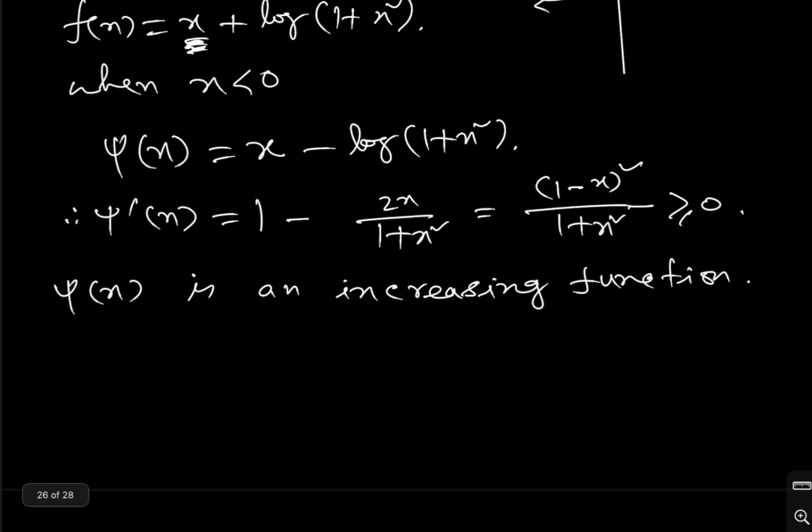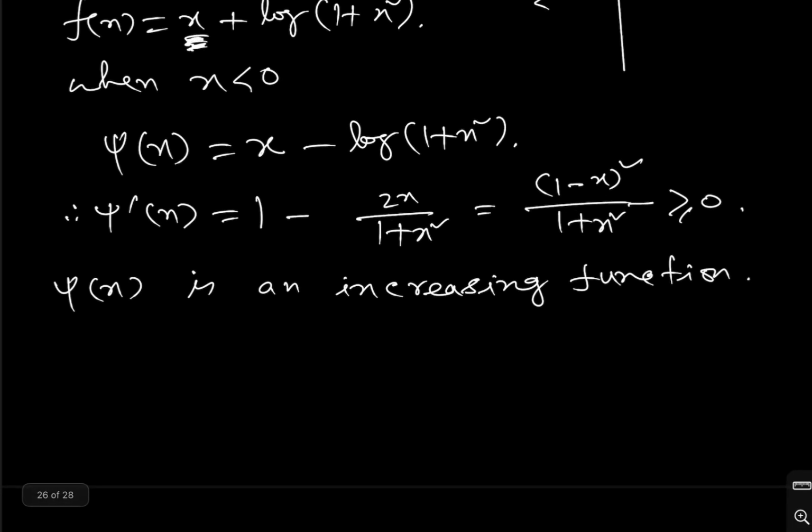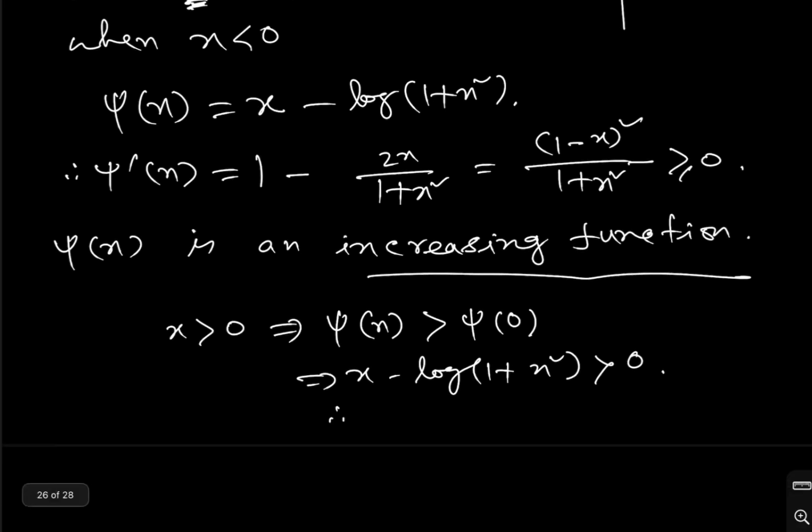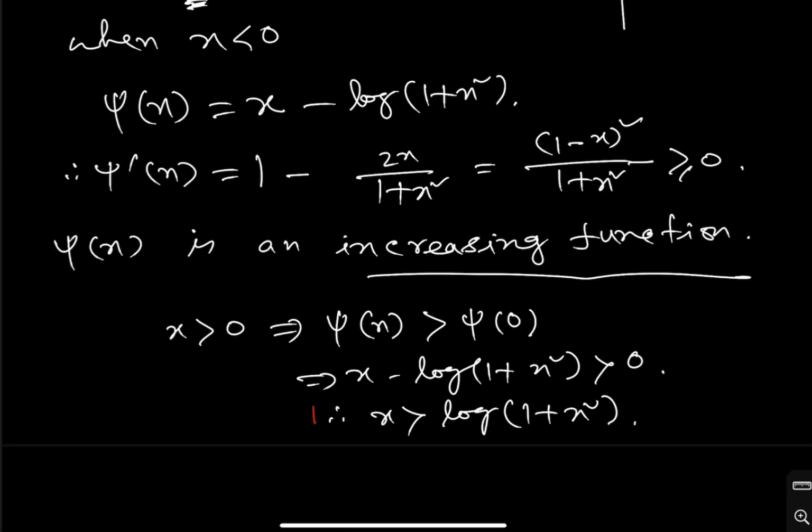Just use the definition of an increasing function. As x greater than 0 implies psi x greater than psi 0, x minus log of 1 plus x square will be strictly greater than 0, and as a result we derive that x is greater than log of 1 plus x square. This is the main trick of this result.